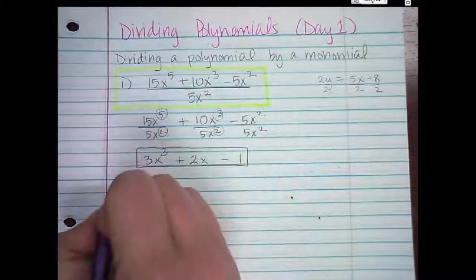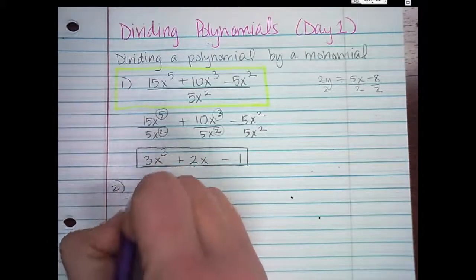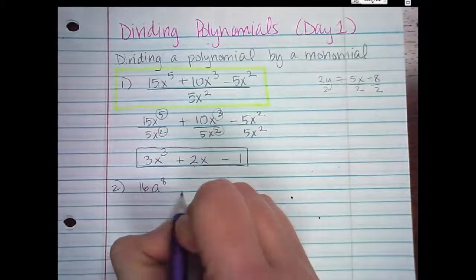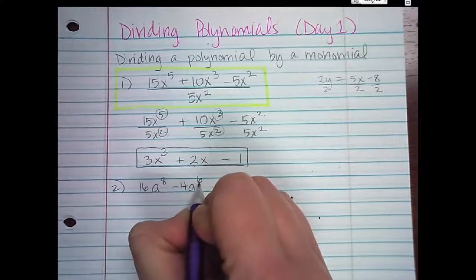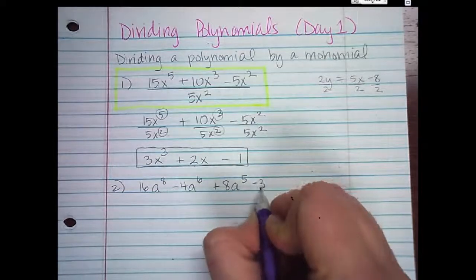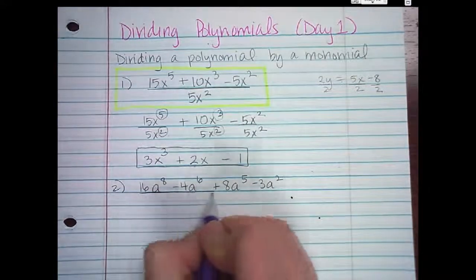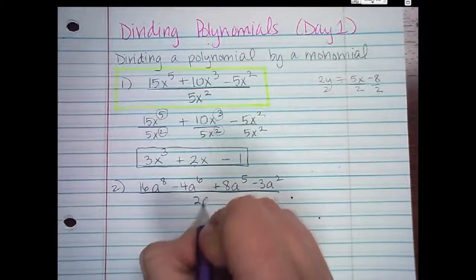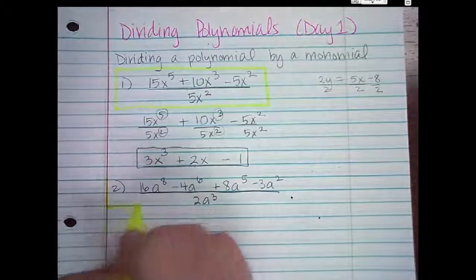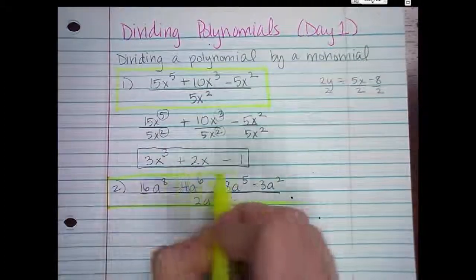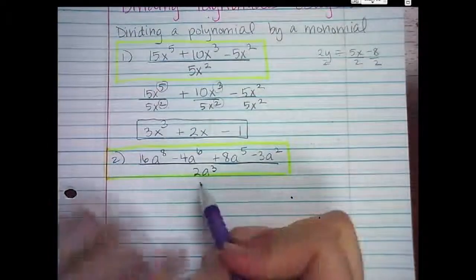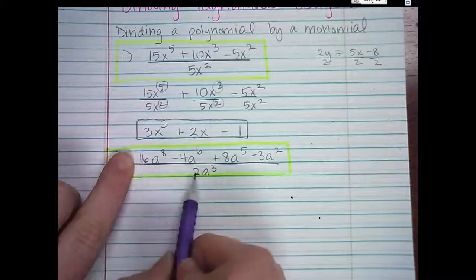Let's do one more like that. Make sure you write that down correctly. Okay, so let's divide each one. 16 divided by 2 is 8.